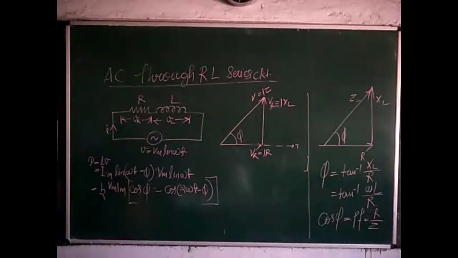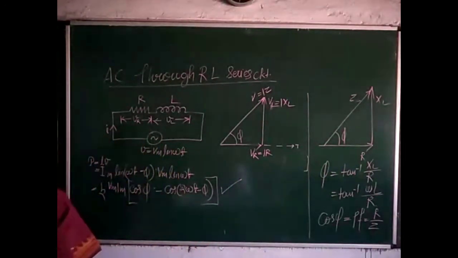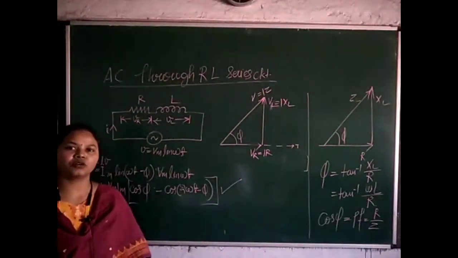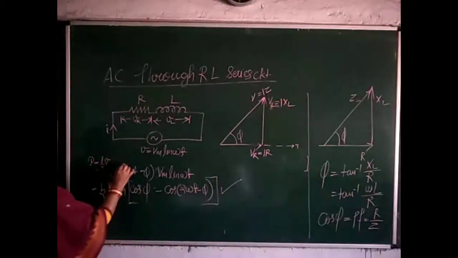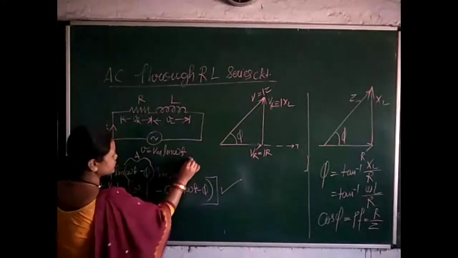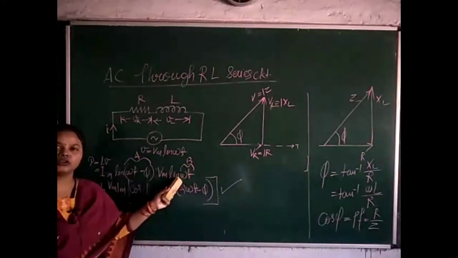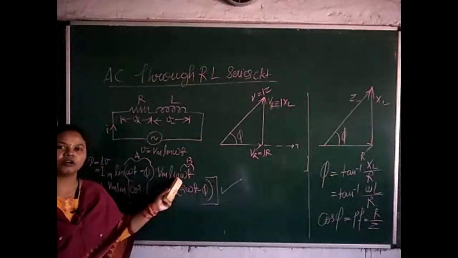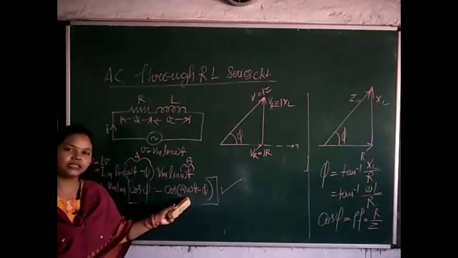Students, you may have a question: from where do you get this result? You use the trigonometric formula. Suppose this part is A, this part is B. Sin A into sin B. So you use the formula of cos(A plus B) minus cos(A minus B), and after simplification you get this result.